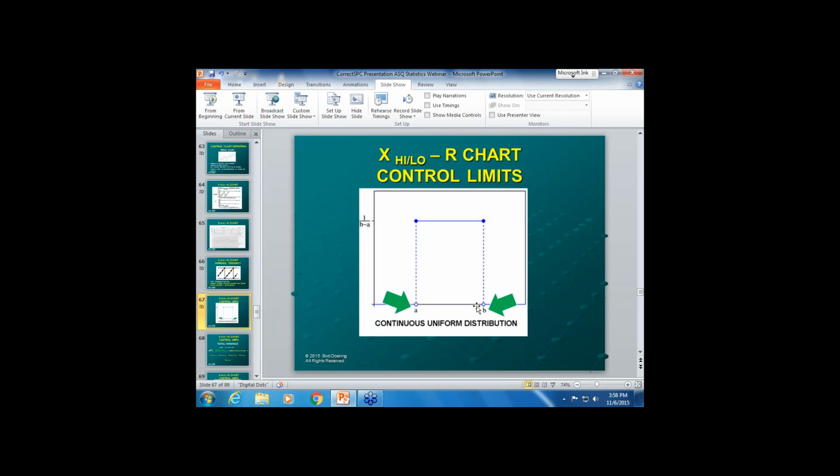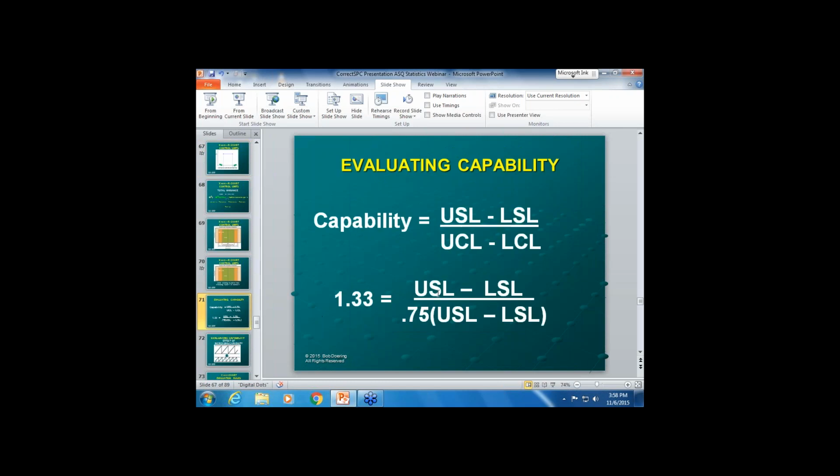So in order to determine where it ends, we've decided that it ends at plus or minus 3 sigma. But with the continuous uniform distribution, we know exactly where it ends. It ends between the two locations that we adjust between. So that determines what the capability is, because that's where the variation is going to be. It's going to be where we adjust it.